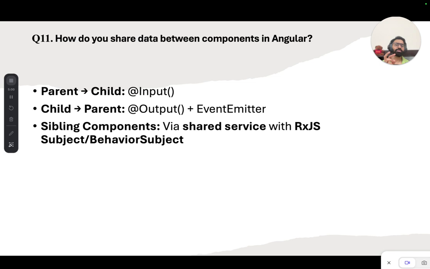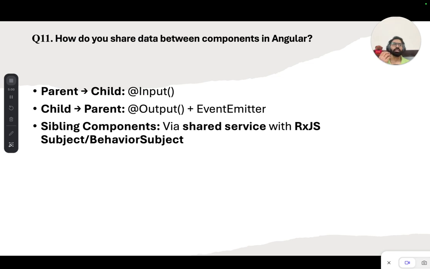And the next is between sibling components. Let's say you have two components which are not related. Then you can use a service. You can transfer the data from one component to a service class and store it in a variable, and the second component can take that data from the service class.